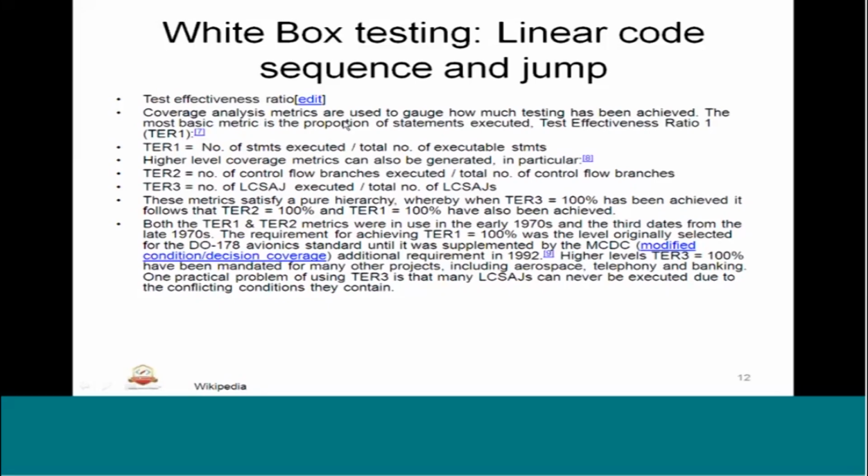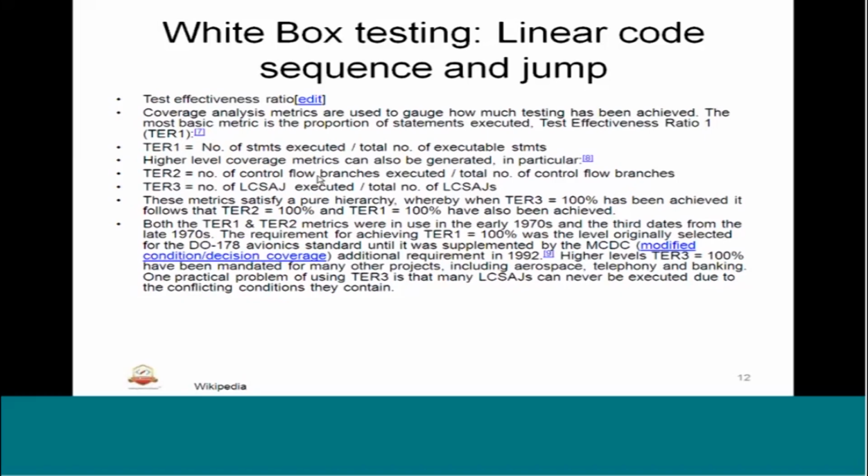Coverage analysis metrics are used to gauge how much testing has been achieved. The most basic metric is the proportion of statements executed. Test effectiveness ratio 1, TER1, is the number of statements executed by total number of executable statements. Higher level coverage metrics can also be generated, in particular the next level, TER2, like control flow branches, divided by total number of control flow branches.